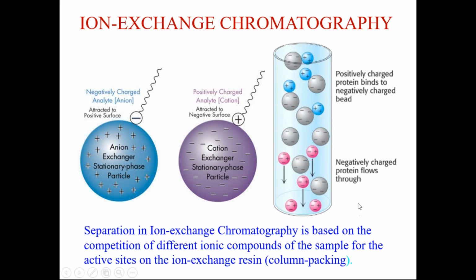So if we see the separation of proteins on this cation exchanger, which is shown in gray, you will see that a protein which is negatively charged will not bind and will elute first, whereas that which is positively charged will bind and will elute much later. And these resins or columns are known as ion exchange columns.